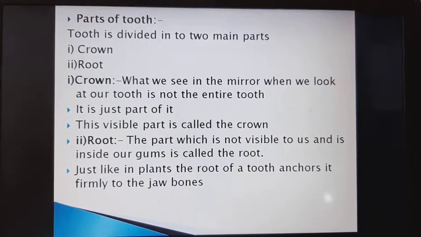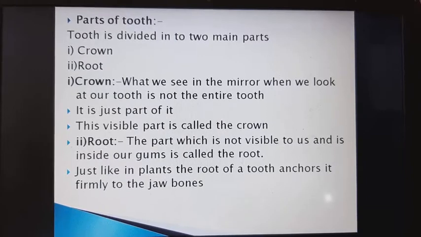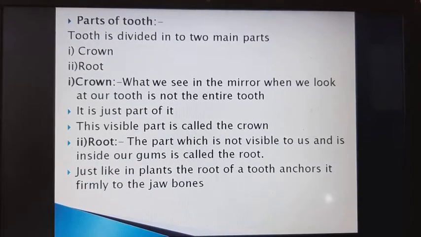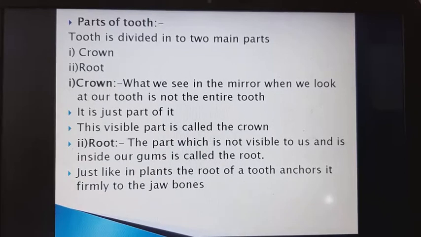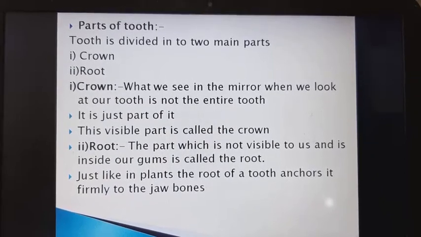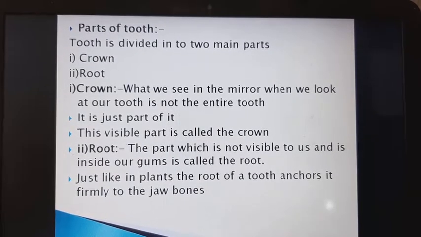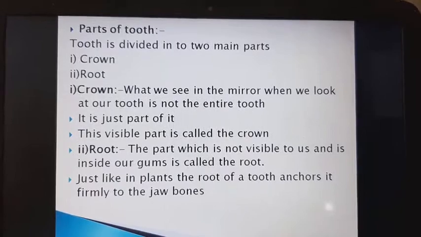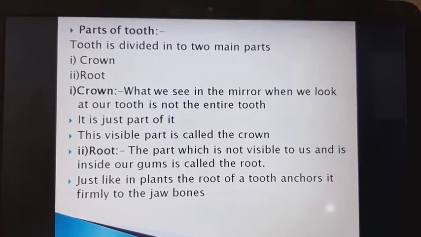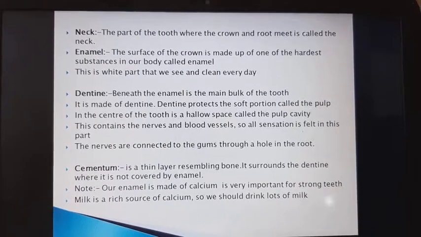Second, root. The part which is not visible to us and is inside our gums is called the root. Just like in plants, the root of a tooth anchors it firmly to the jaw bones. Next is neck.